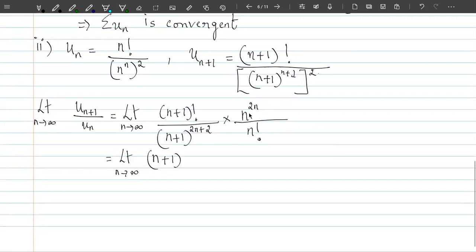Here I get n^(2n) and here I get (n+1)^(2n+2). So I can club the terms which contain power 2n. If I do that, I get (n/(n+1))^(2n), and what else will remain in the denominator? I get (n+1)^2. So I get 1 by (n+1) whole square.